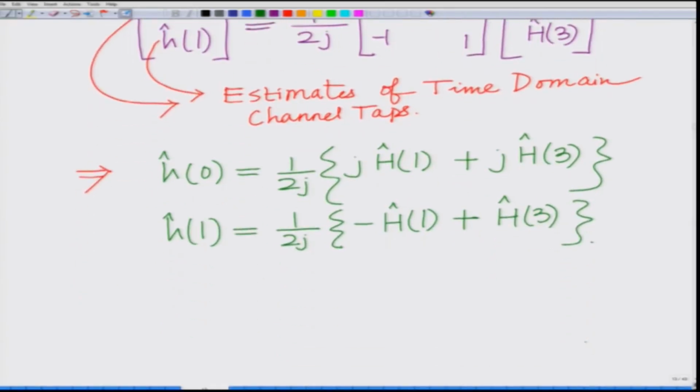Remember, these are the estimates of the channel taps in the time domain.